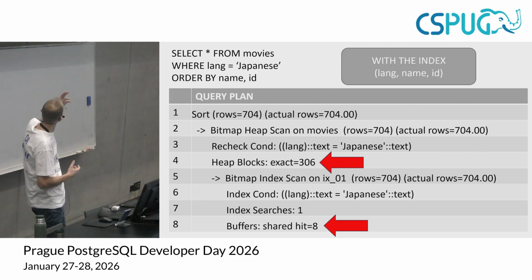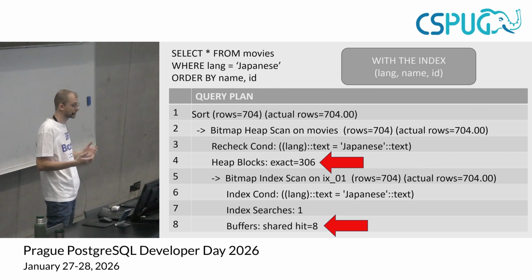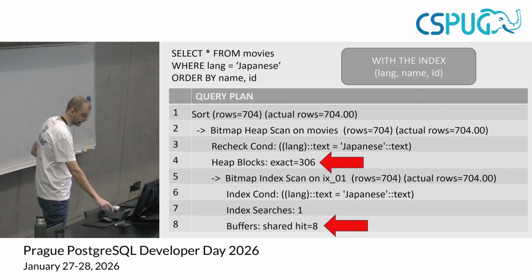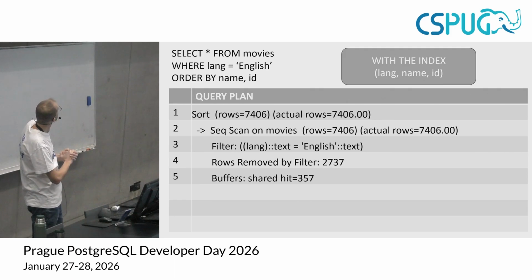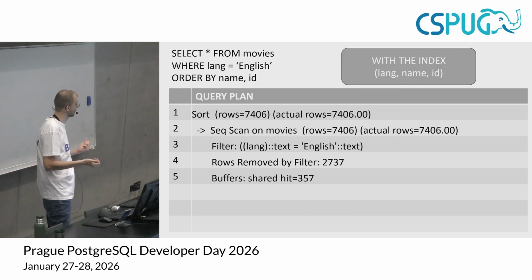And again, bitmap heap scan and bitmap index scan need a sort operation. So then I sorted all these movies. If I switch to movies in English, that's the majority of my movies. And in this case, I use sequential scan again.